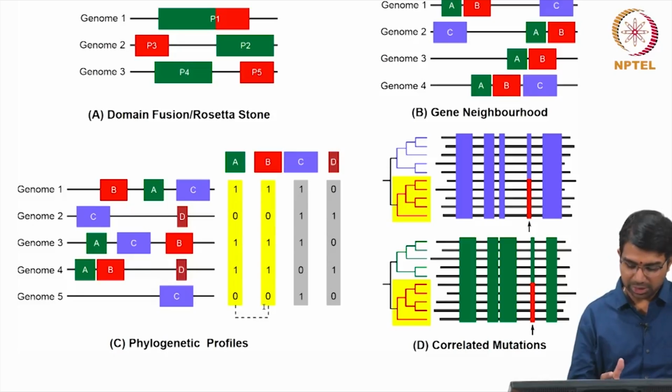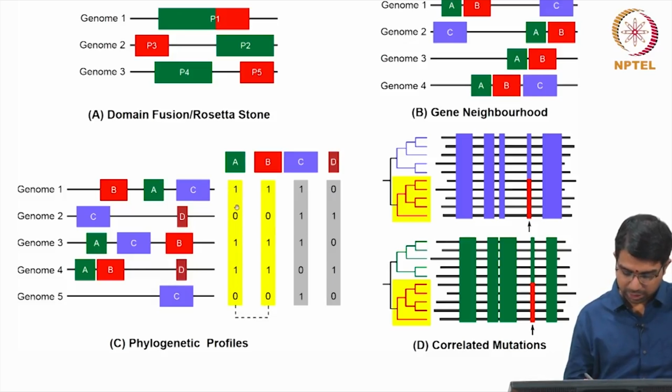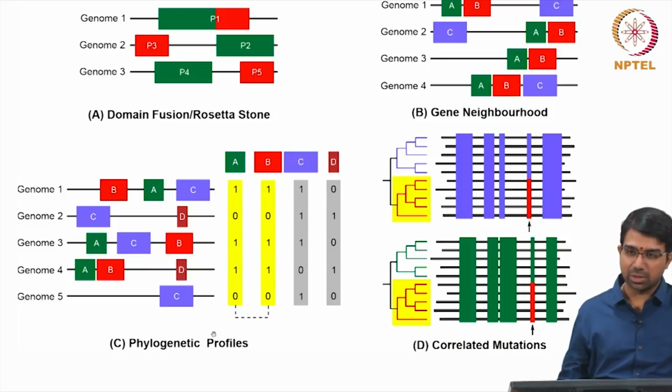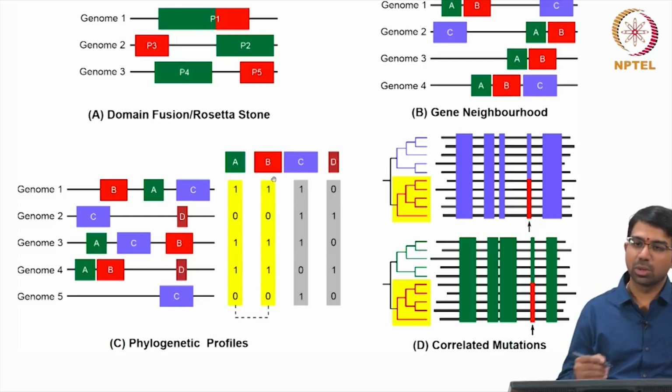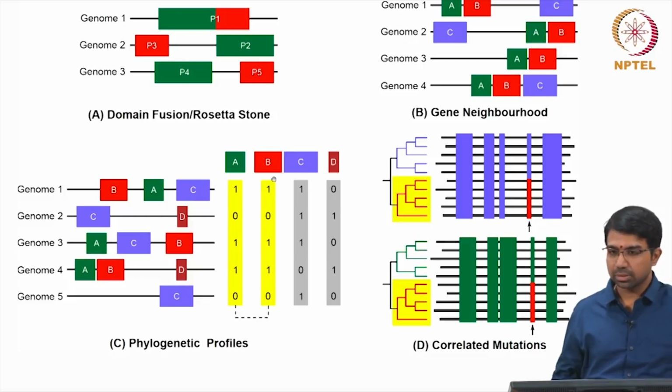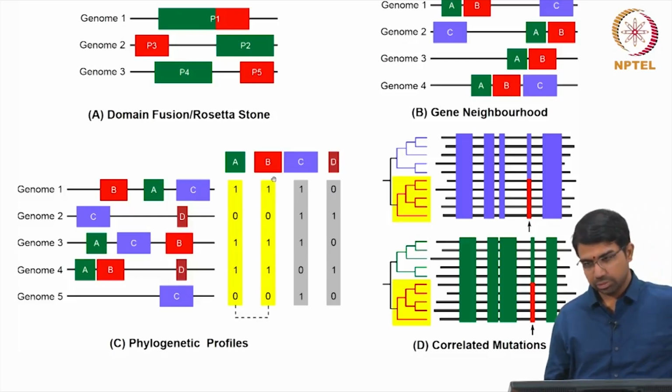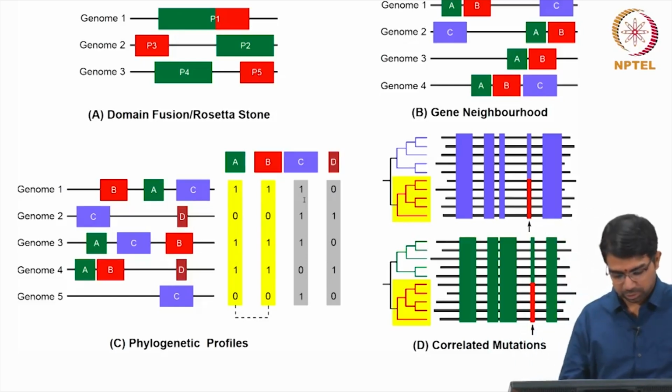You look at two proteins A and B and pairwise, you see that this is 1 0 1 1 0, this is also 1 0 1 1 0. It could have several zeros. This could be padded with another 5 zeros in the end, and you will still say that they seem to always co-occur. No, so my question is, if that entire sequence is not there, so all the 4 will be 0.